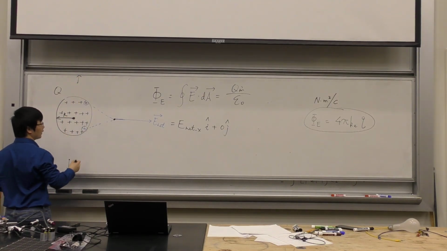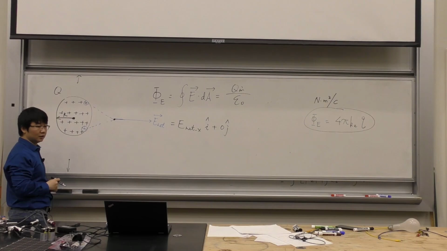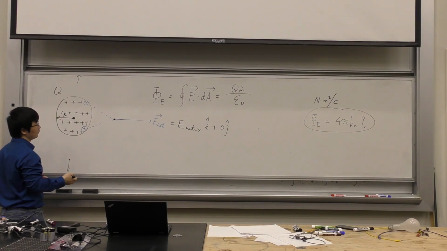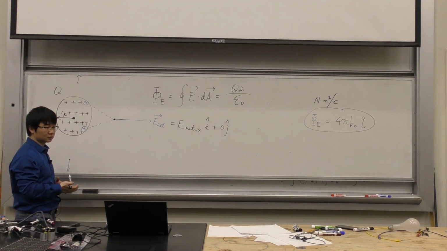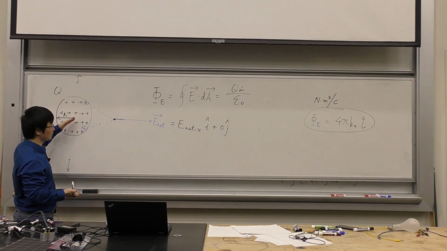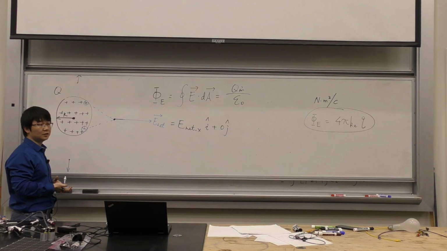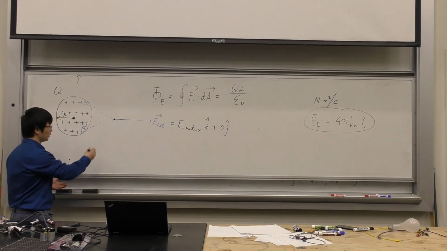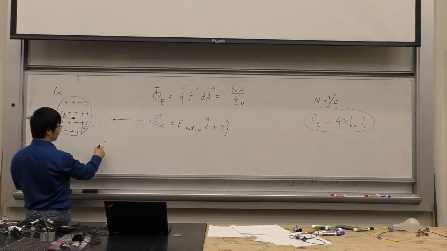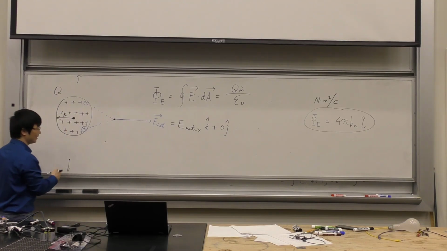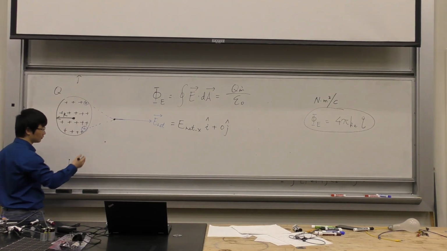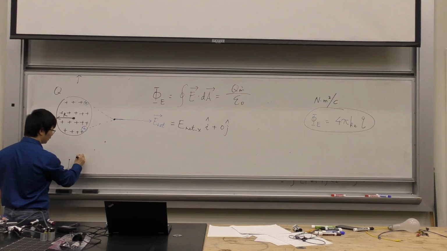So what if I connect all these points together? I don't only have these four points. If I connect all the points which have the same distance to this center, they should all be equivalent. For example, if I pick a point here, what's the difference between this point and this point and this point? There's no difference. They're totally equivalent. What about a point here, a point here?